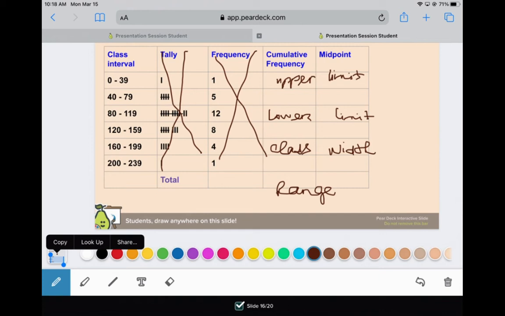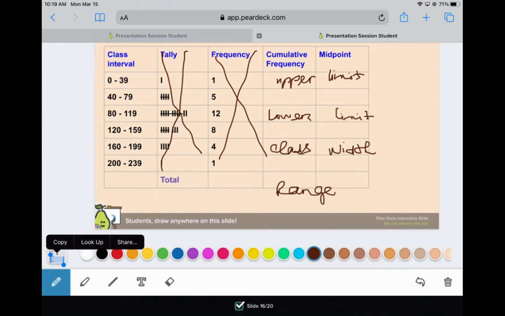No, I just want you to list out what values represent the upper limit and which values represent the lower limit. So you want to list all of them out. So I have people say lower class limit 0, 40, so on and so forth. And they say upper class limit and they give me the numbers. So Morgan, that is correct.